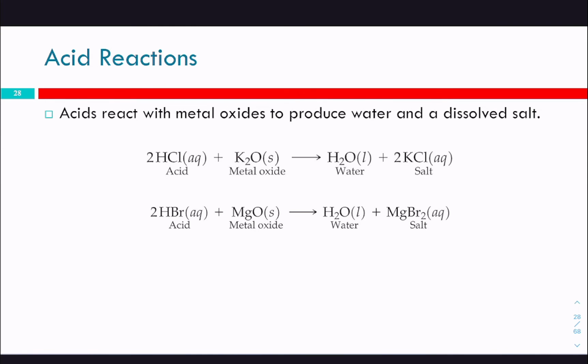You can also have reactions with metal oxides, which are very similar, but instead of getting H2 gas, we get water instead. So the oxygen from the metal oxide combines with those two hydrogens from the acid to form water.